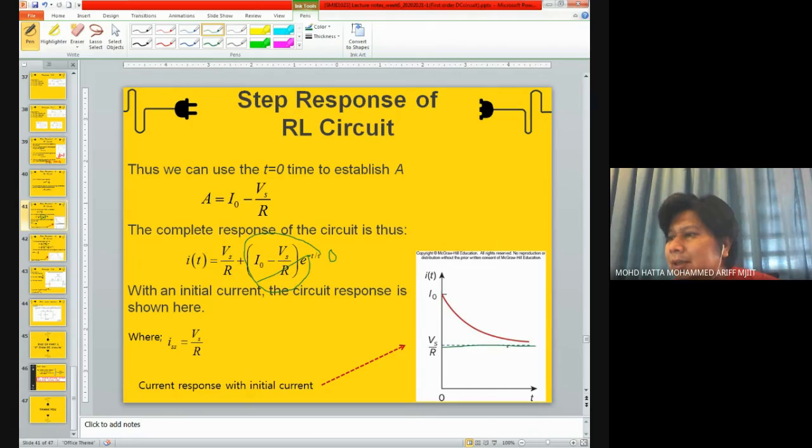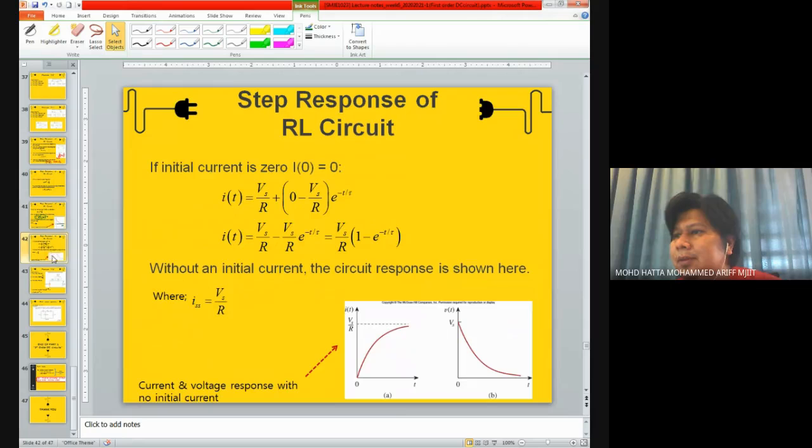So as t goes towards infinity, if you substitute t equals infinity in this equation, you will find that all these terms, the second term over here, equal 0, and you will end up with only this value. That's why you see here the value starting from I naught decaying towards the value of our steady-state current flowing through our inductor.